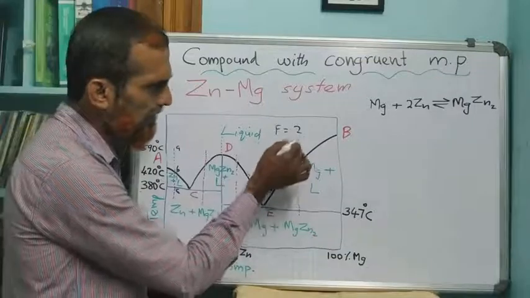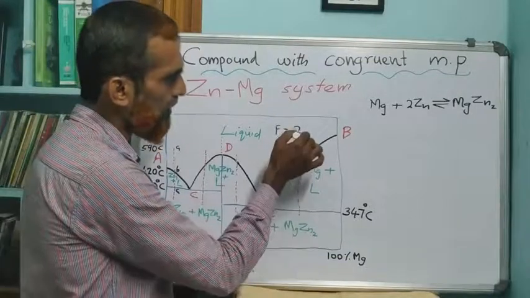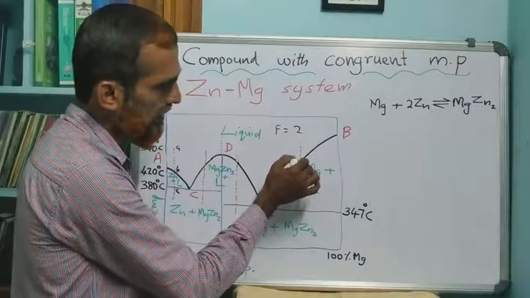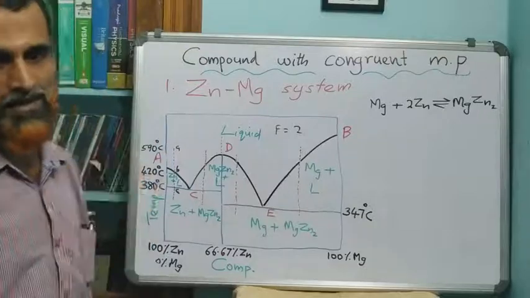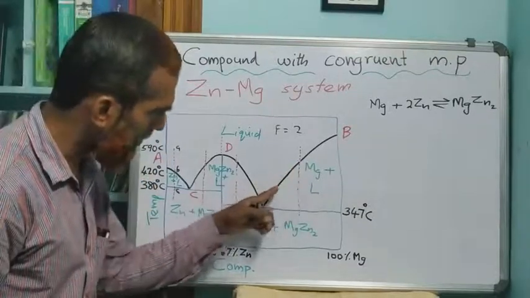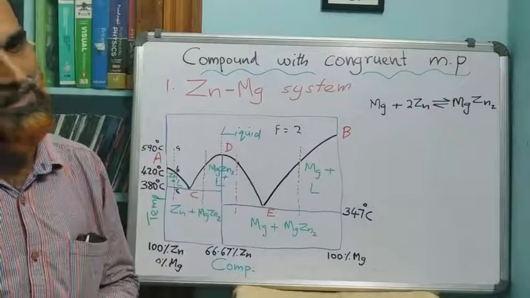Finally, again, when you take this composition, what happens? If you cool the liquid melt of this composition, when the temperature touches the curve, solid magnesium starts coming out, and the composition moves along this direction, and at E, eutectic mixture starts coming out.